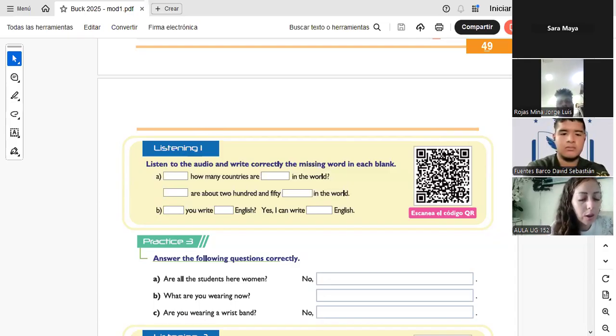Can you hear? Raise the hand if you know the answer. What you have to do is to complete the blanks using one word, because it says, listen to the audio and write correctly the missing word in each blank.